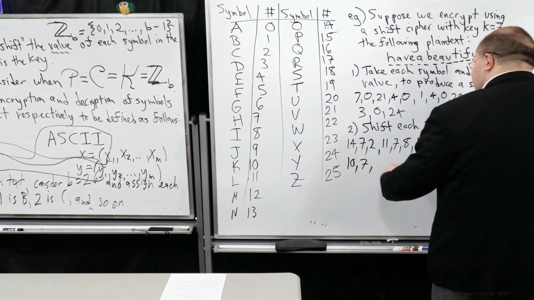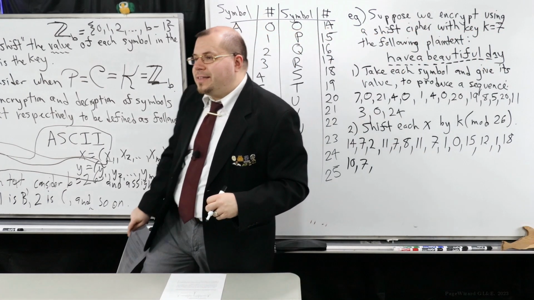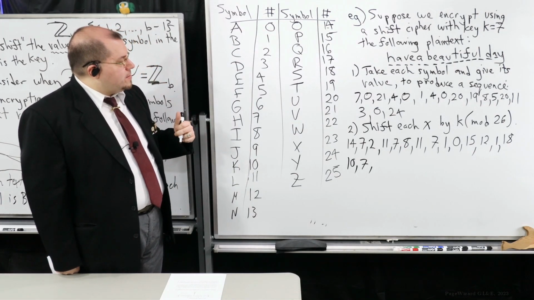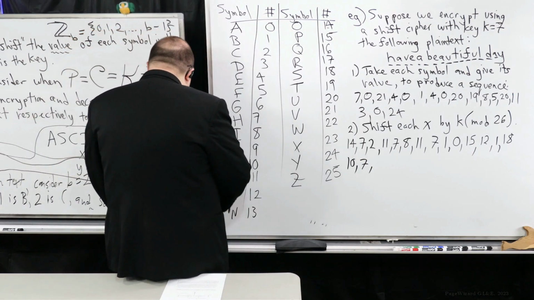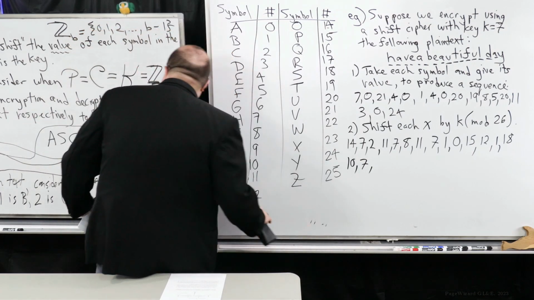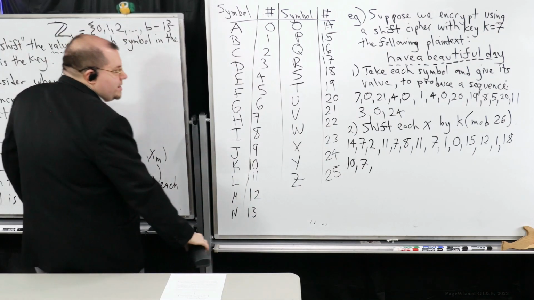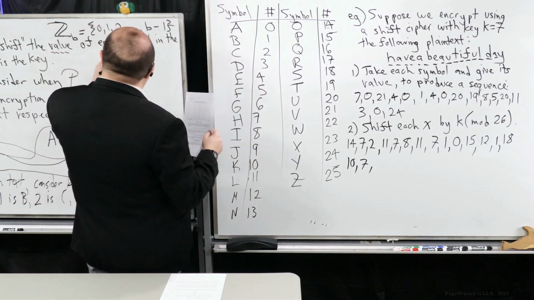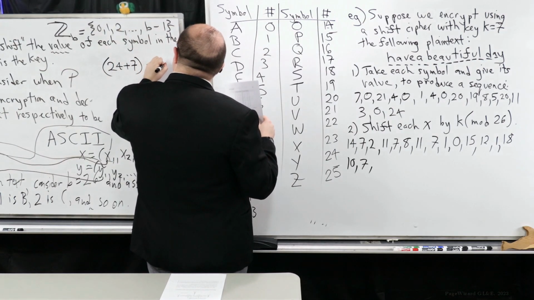Then we have 10, 7, and 5. Notice that 24 plus 7, what is that? Let's think about it. So we have 24 plus 7 mod 26.